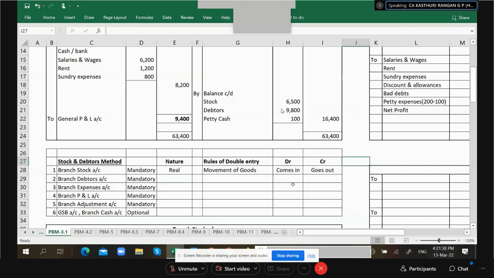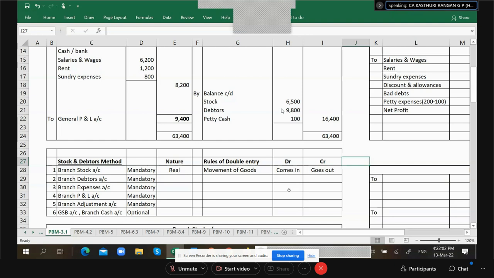Please note this down, it is very important. You can easily do any problem on the stock and debtors method if you understand this. So in the stock account, you debit when goods come into the branch. You credit it when the goods go out of the branch. That's all. Simple understanding.